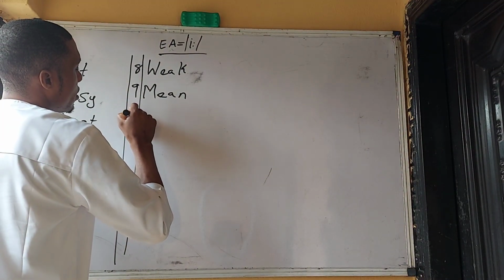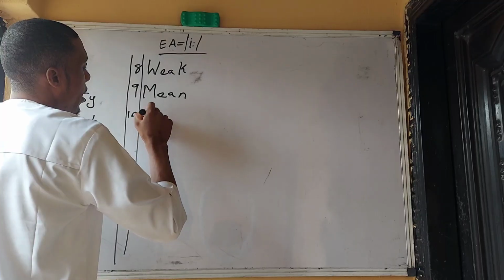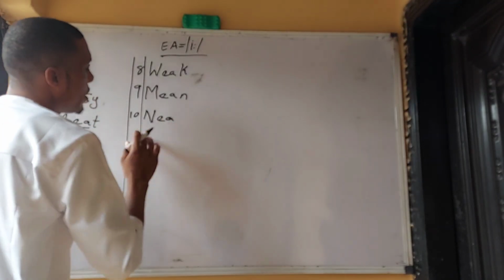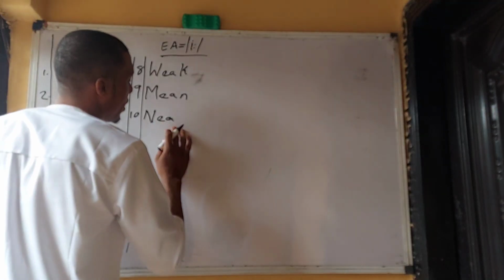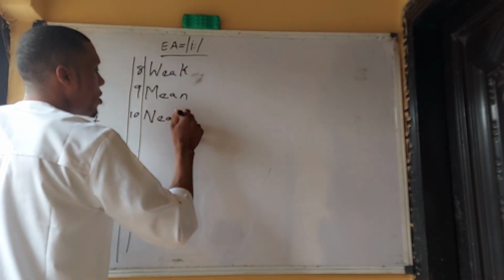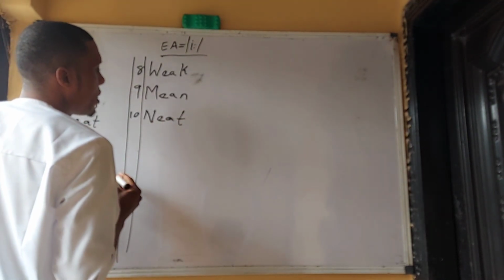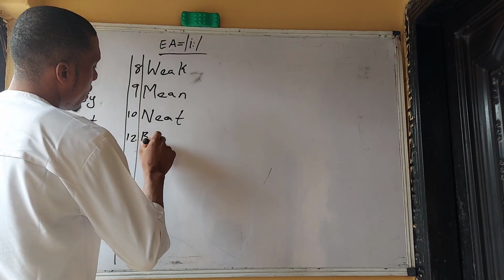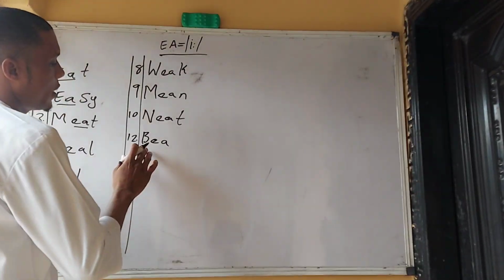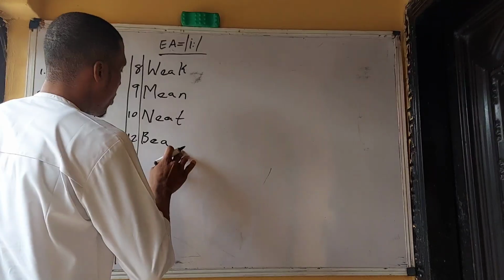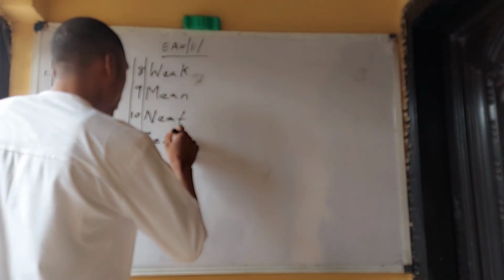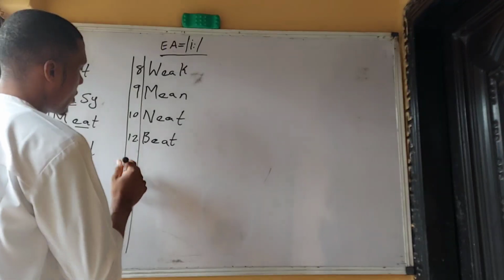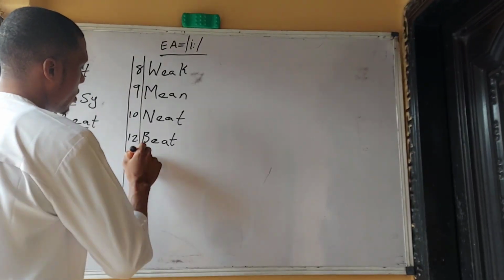Number 10, N-E-A is ni. N-E-A is ni. If you add T to it, it becomes what? Neat. Neat. Number 11, B-E-A is B. B. If you add T to it, it becomes what? Beat. Beat.